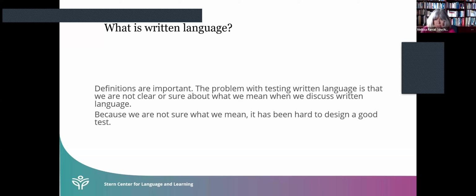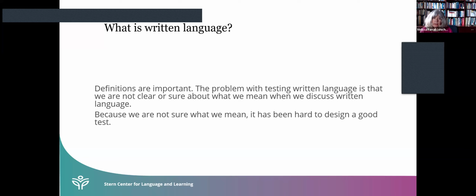We have some people who are talking about a highly personalized style of writing, writing about small moments in their lives. We have other people who are discussing expository text and the ability to compare and contrast, and construct a good essay. So we don't really have universal agreement as to what written expression is or what the scope of it is.